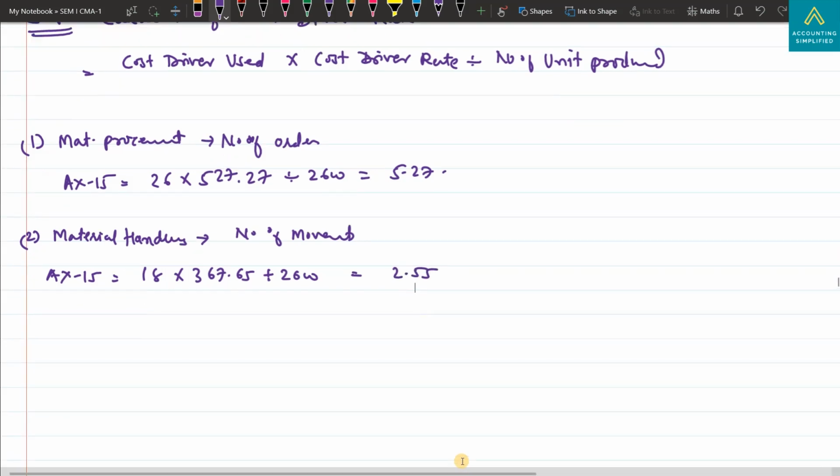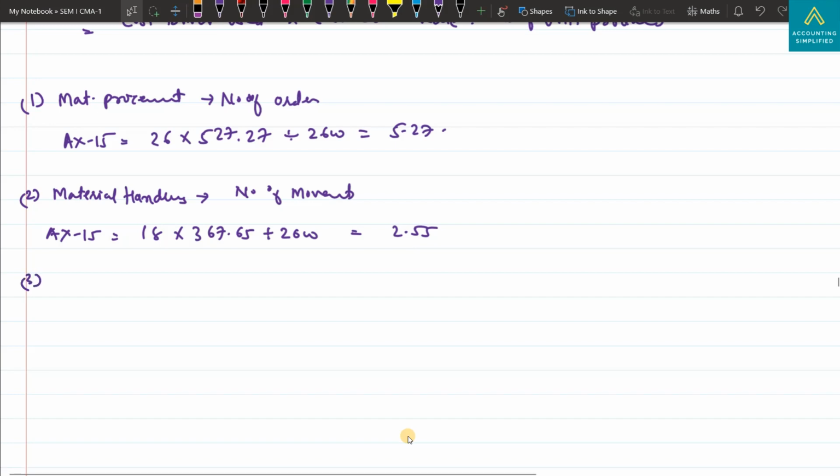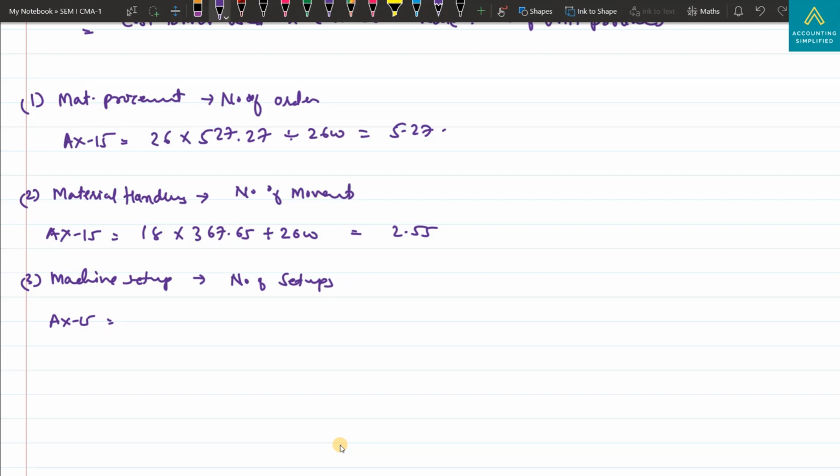Similarly, the third point, machine setup, is based on number of setups. Earlier we used to write A, B, C, X, Y, Z, but here only one. So driver used 25 into 798.08 divided by 2600. It comes to 7.67.